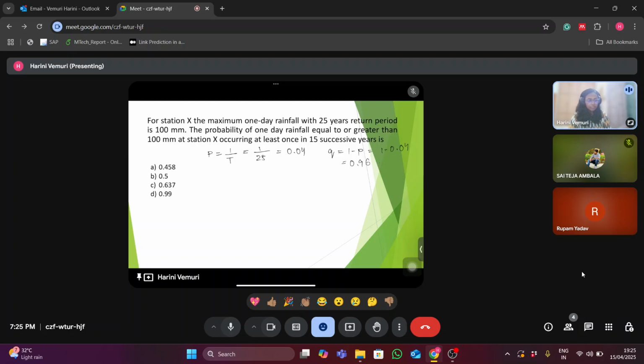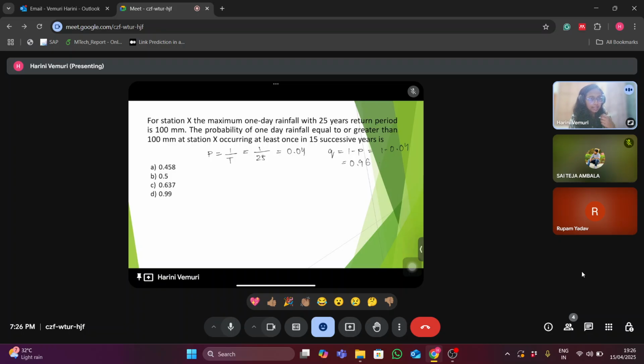Okay. So here they are asking what is the probability that rainfall at a station will be greater than or equal to 100 mm at least once in 15 years.